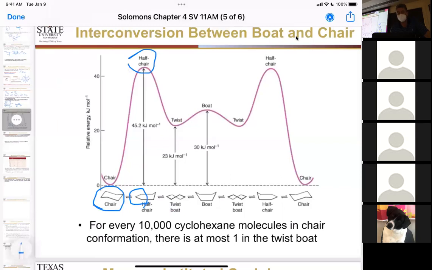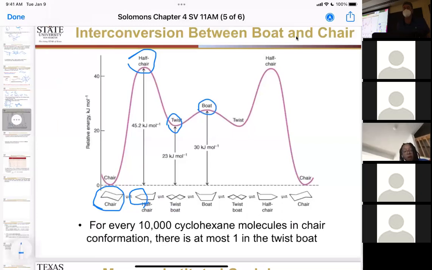Then it kind of twists a little bit so that it can get into a configuration where it can actually pop it up. And then when it finally does pop it up to where it has it eclipsed, that's where we get the system where the two flagpole hydrogens exist, the flagpole positions exist.